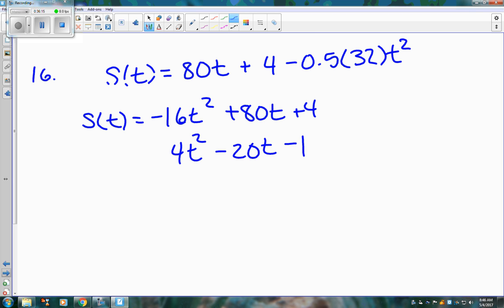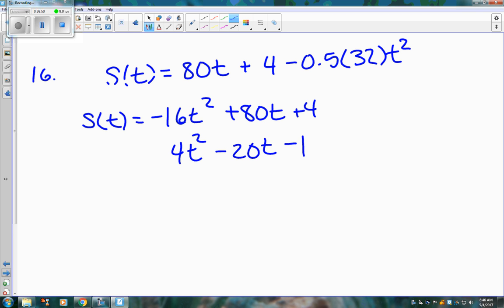You probably already have the answer. What's the answer? You don't? You're just guessing. I'm not going to tell you if you're just guessing. What's the answer for 16? A. When you plug in the quadratic formula, wait a minute.